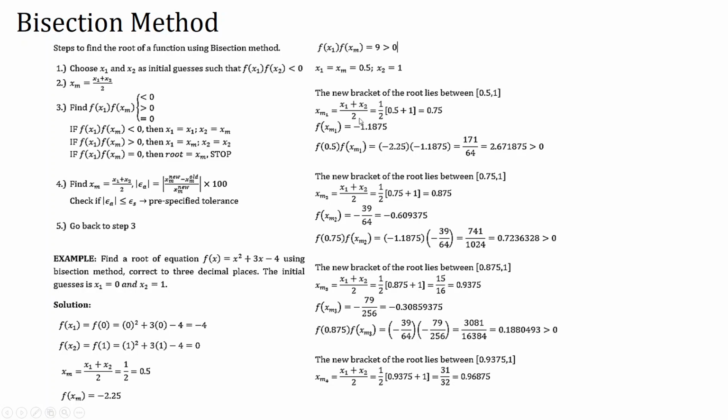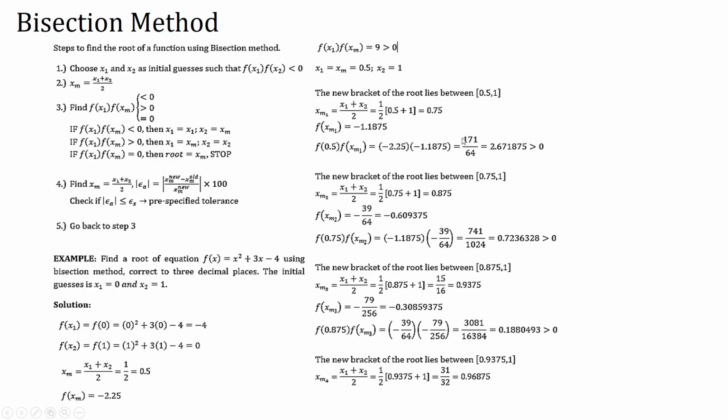Now again, we have to evaluate f of xm1. So we substitute this 0.75 into the function. Okay, so f of xm1 is negative 1.1875. So f of 0.5, which is now the f of x1, multiplied by f of xm1, that is negative 2.25 times negative 1.1875.